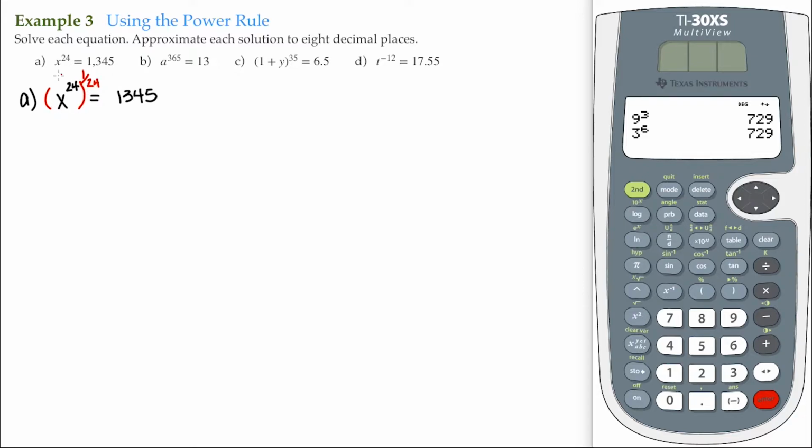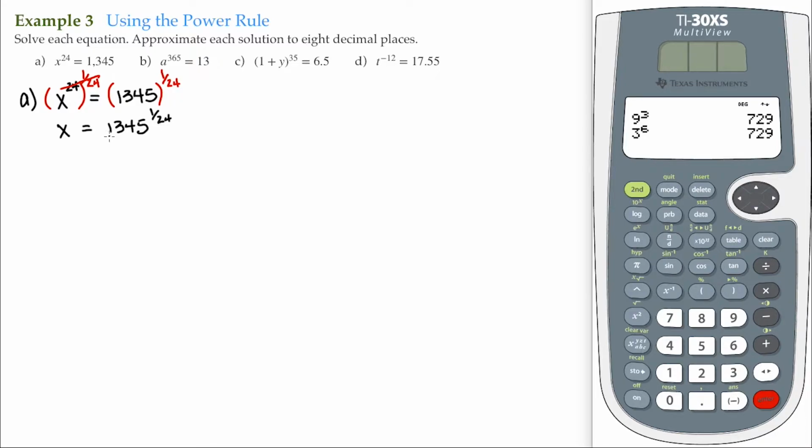Algebra says what I do on one side, I have to do on the other side, so I raise this to the 1/24th power too. When I have x to the 24th power, and then that's raised to the 1/24th power, these are going to cancel each other. Then I'm just left with x. So x is equal to 1,345 to the 1/24th power.